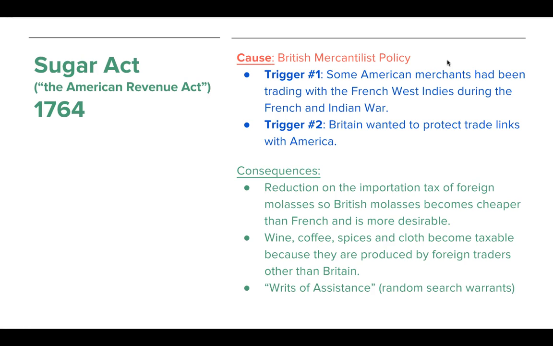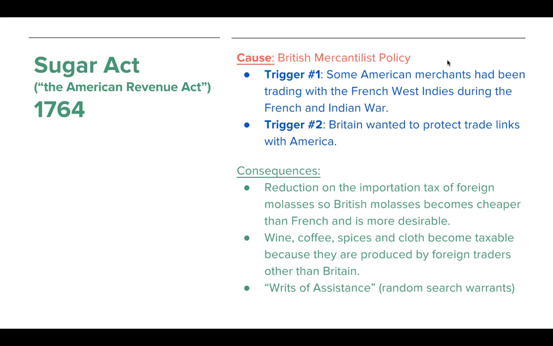And so despite the fact that Americans are overriding the British mercantilist policy, the empire is still receiving some money in return for the Americans buying wine, coffee, spices, and cloth from other traders.